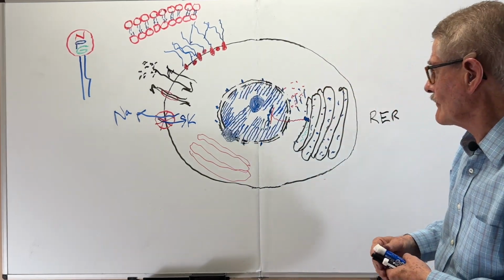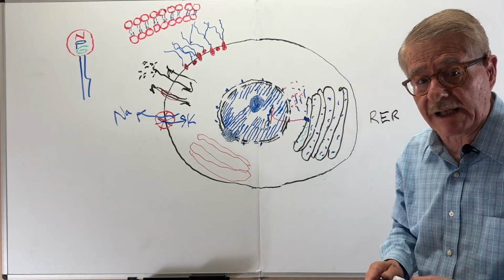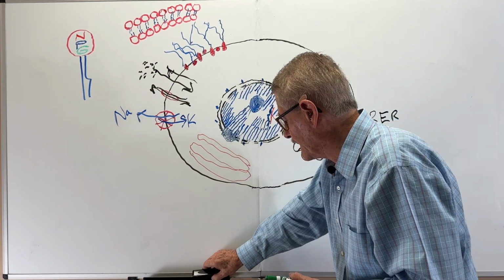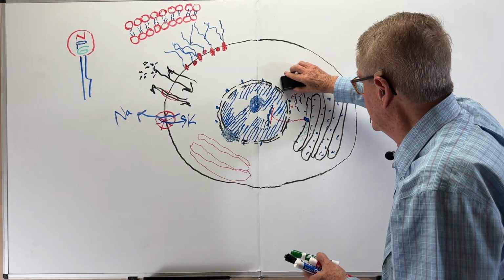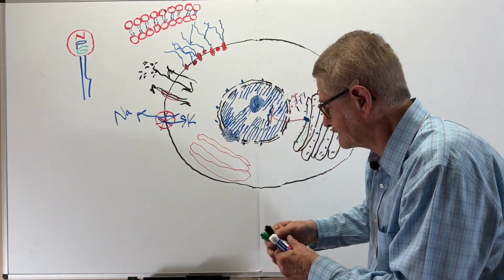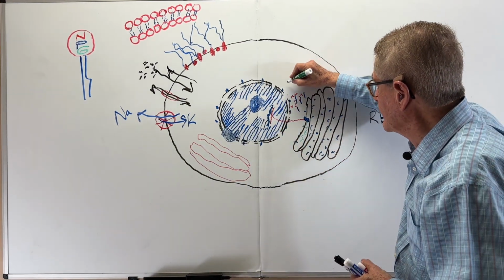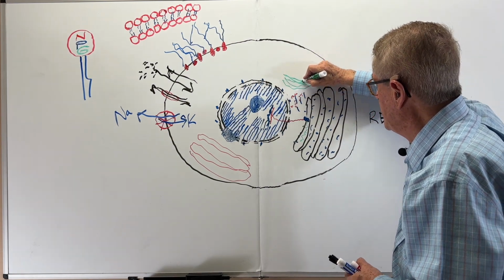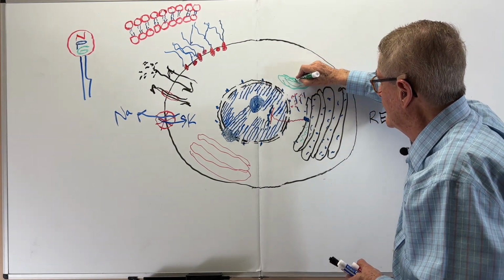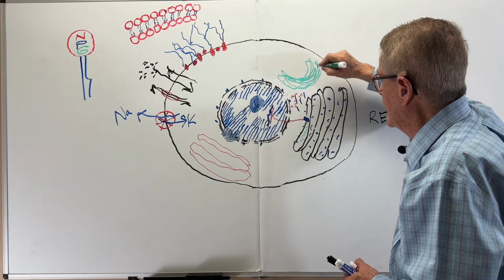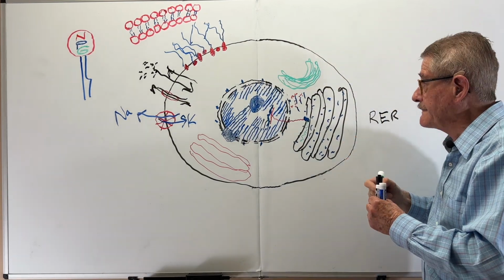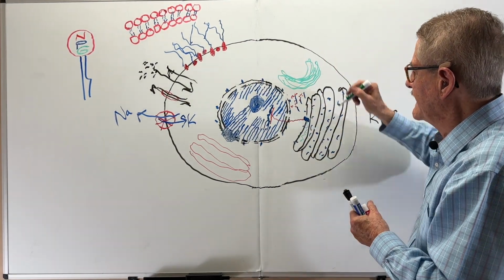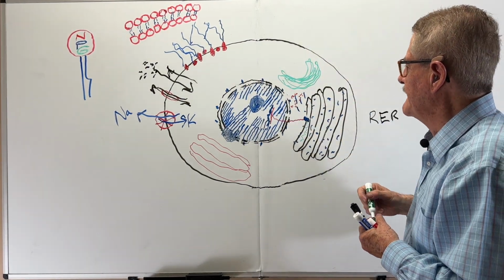Now, let's talk about the next structure that we need in order to keep on our discussion. This is the Golgi apparatus, which has essentially a similar structure to that of the rough endoplasmic reticulum, but it's more concave, and has a trans and a cis face.